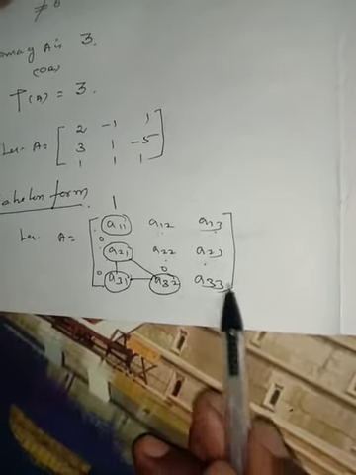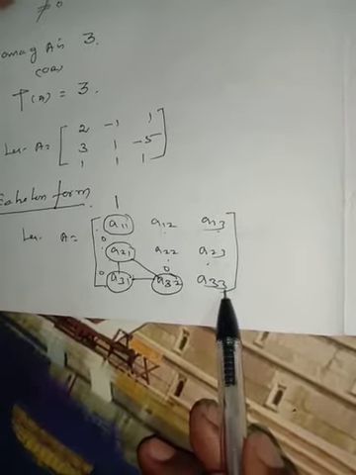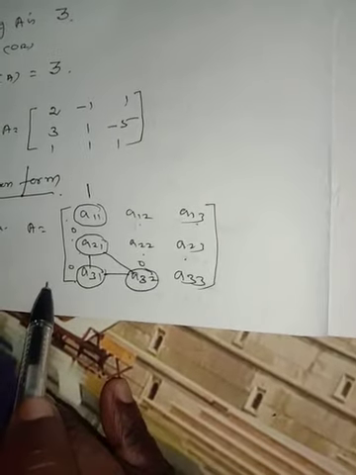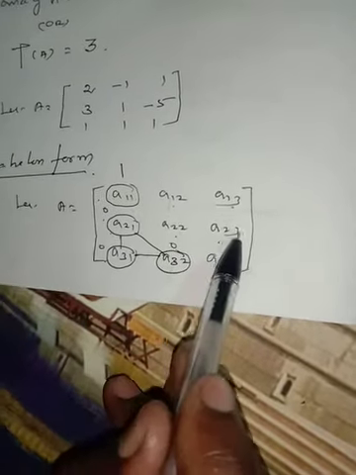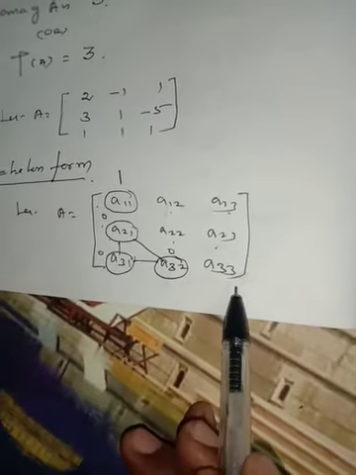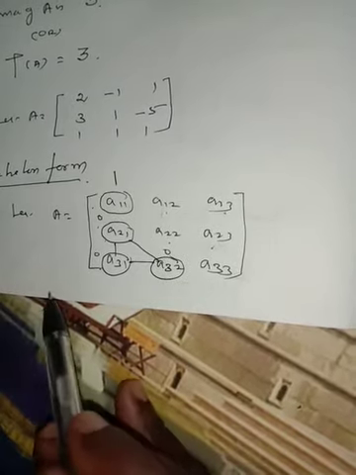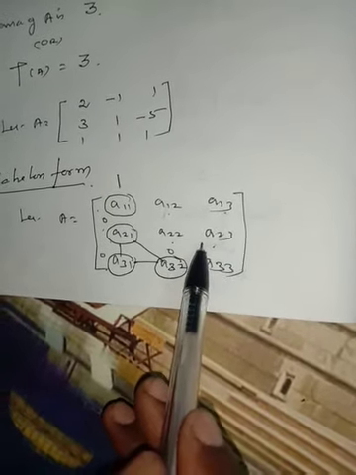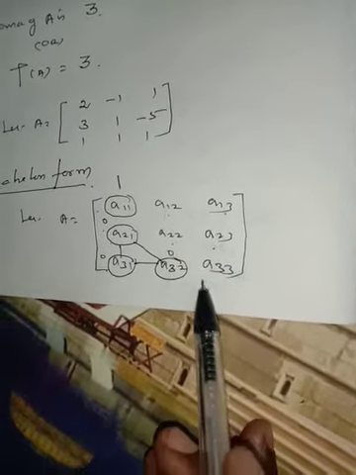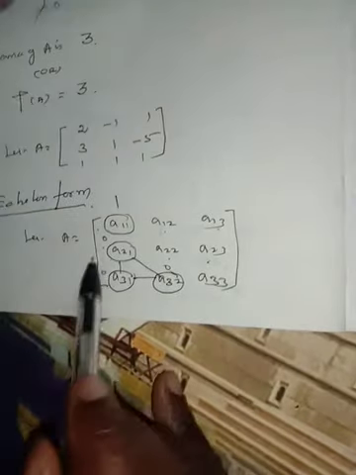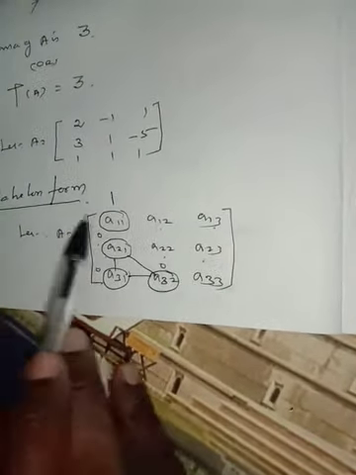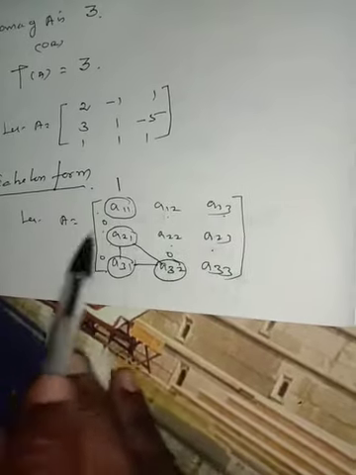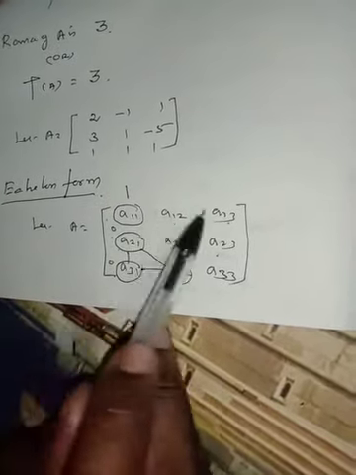Suppose we cannot change A33 into 0, then number of non-zero rows is 3: R1 first row, R2 second row, R3 third row. Then rank of the matrix is 3. Suppose we convert A22 equal to 0, A23 equal to 0, A33 equal to 0. Then number of non-zero rows is only one row, the first row. Other two rows are 0. Therefore rank will be 1.